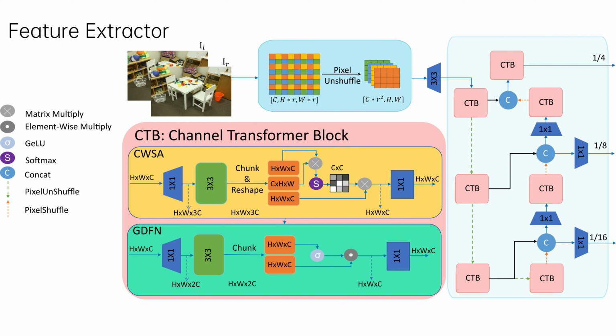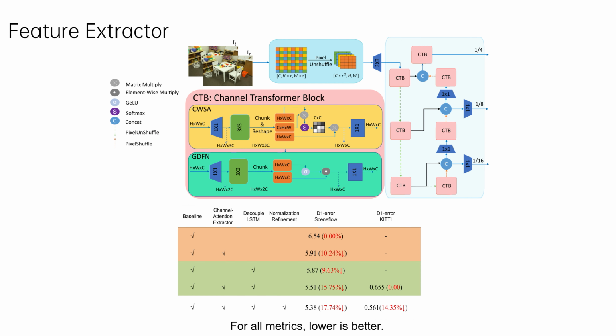Downsampling by convolution with stride or using a pooling mechanism will inevitably result in information loss and performance degradation. To alleviate the problem, pixel unshuffle is applied to downsample the image to 1/4 the original size and expand the channels without losing any high-frequency information. Ablation studies show the effectiveness of our channel attention transformer feature extractor.